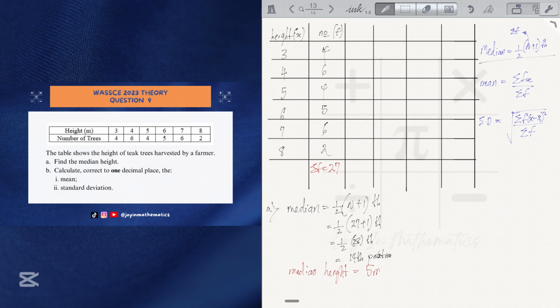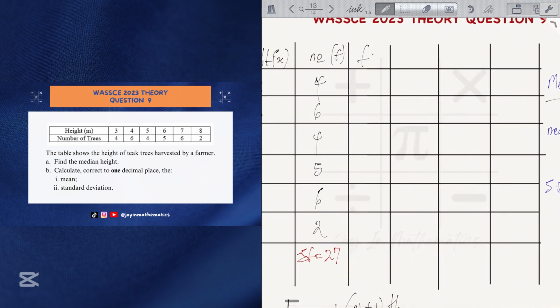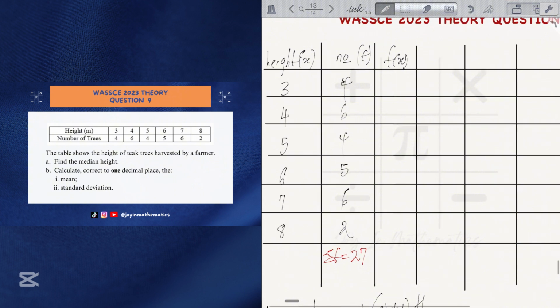Now B says we should find the mean. The formula of the mean involves f of x, so we will have to evaluate f of x. That means we are multiplying these two together. So 3 multiplied by 4 will have 12. 4 multiplied by 6 will have 24. 5 multiplied by 4 will have 20. 6 multiplied by 5, 30. 7 multiplied by 6 will have 42.